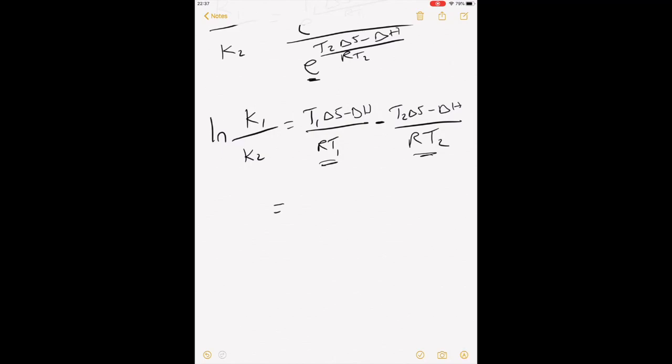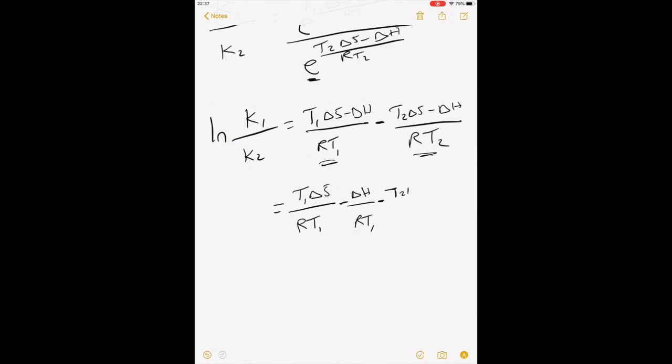So what we can do, we can separate the top terms. So this one, T1 delta S over RT1, minus delta H over RT1, that should be fine.